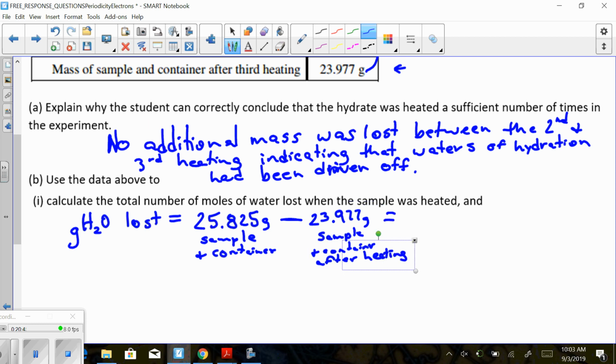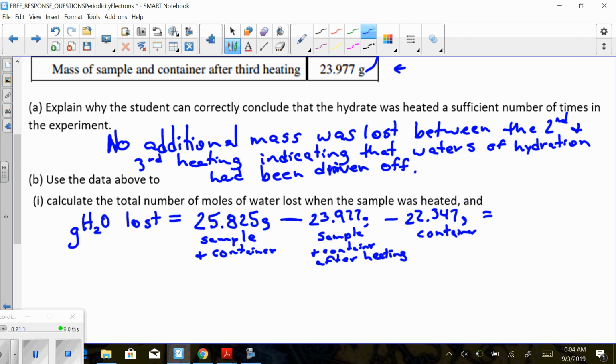The difference between those gives us the mass of the sample without the water, but it also still includes the container. So let's go ahead and subtract the mass of the container as well. The mass of the empty container is 22.347, and this is just the mass of the container.